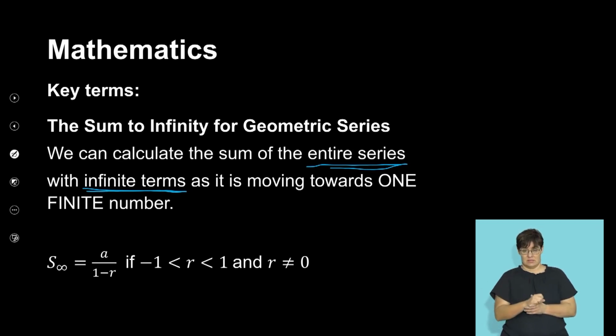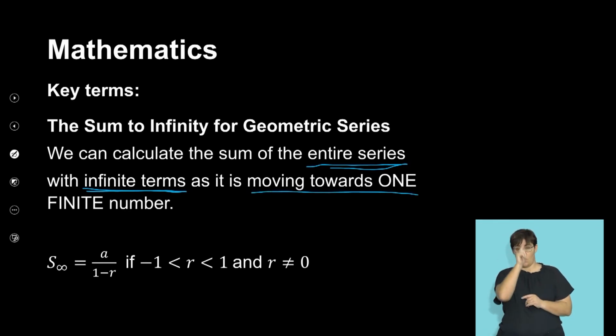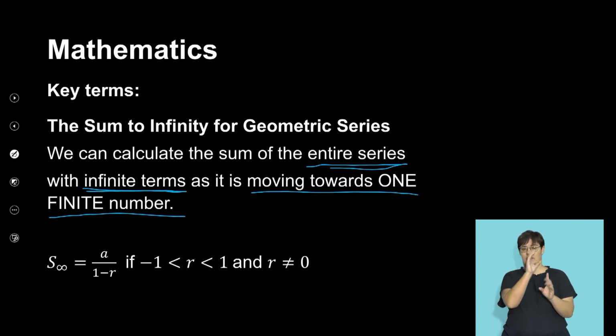I can do this because the series is moving towards one finite number. So if I were to add all of the terms together, they are going to get closer and closer to one specific number, and that specific number can be assumed to be the sum to infinity.